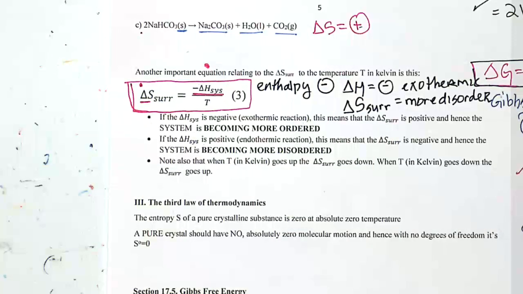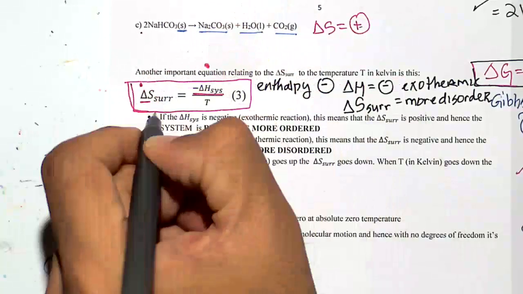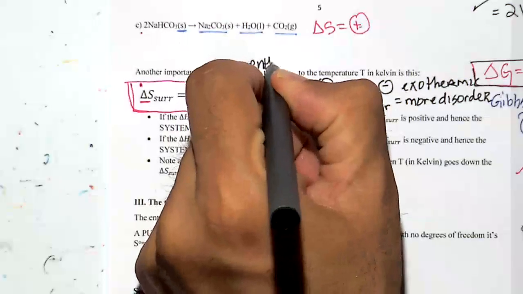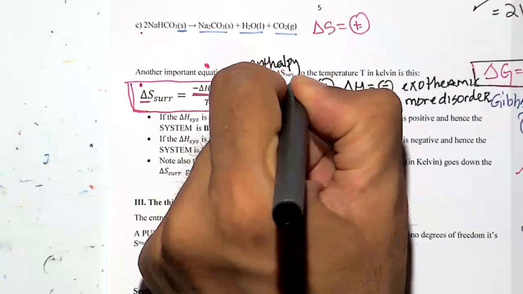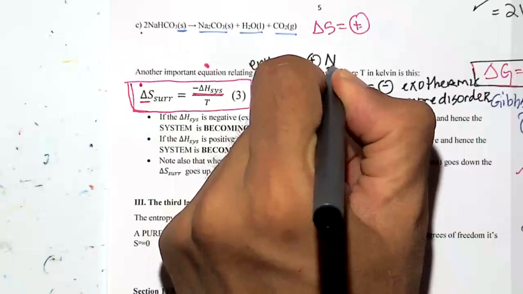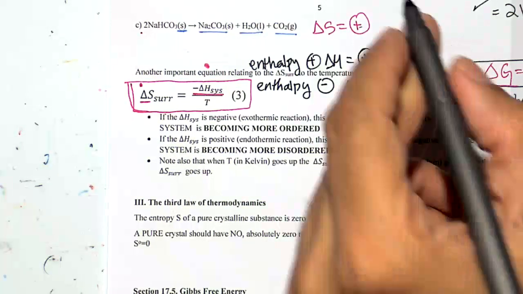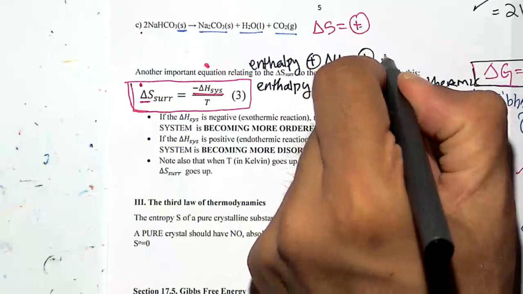The opposite situation, if your enthalpy delta H is positive, just doing this equation here. This is an endothermic reaction.